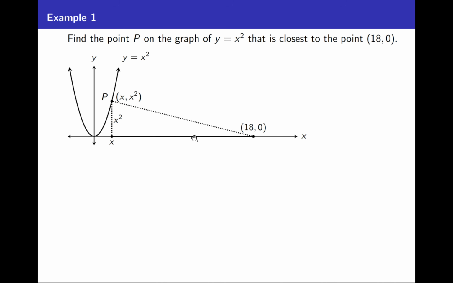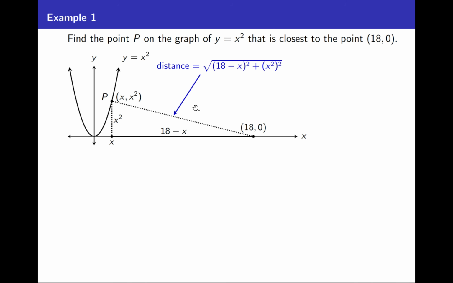What about the horizontal leg? Well, we're way over at 18 at one corner, and at the other corner we're at x, so the distance between those two corners would be 18 minus x. So good. Now we can use the Pythagorean theorem to find the length of the hypotenuse, which is the distance from P to (18, 0).